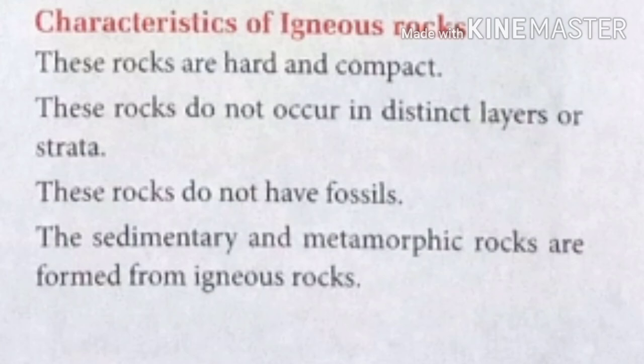These rocks do not have fossils. इन rocks में कोई भी fossil नहीं होते हैं. What is fossil? Minerals or remains. The sedimentary and metamorphic rocks are formed from igneous rocks. So the next two types of rocks, sedimentary and metamorphic, are formed from the igneous primary rocks.